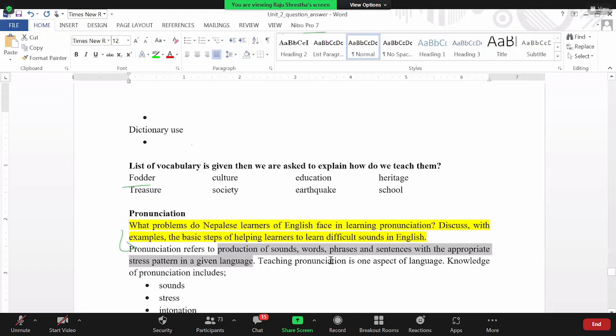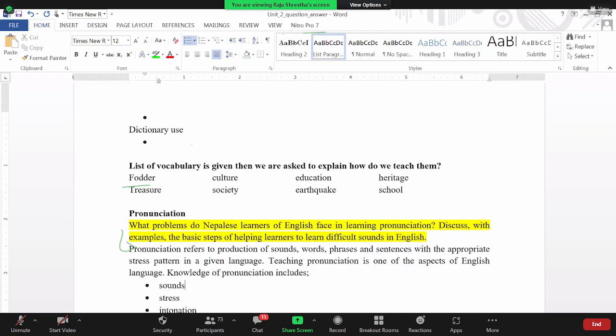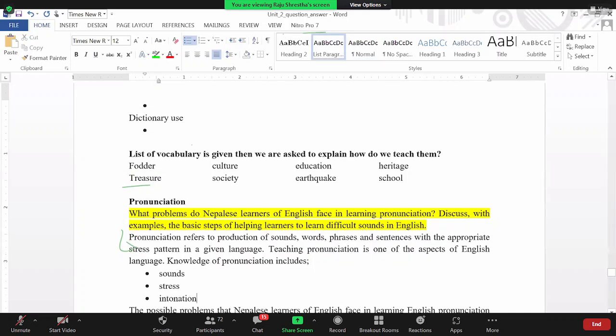Then teaching pronunciation is one of the aspects of the English language. Knowledge of pronunciation includes sounds, stress, intonation.